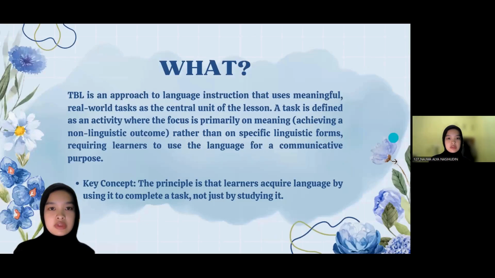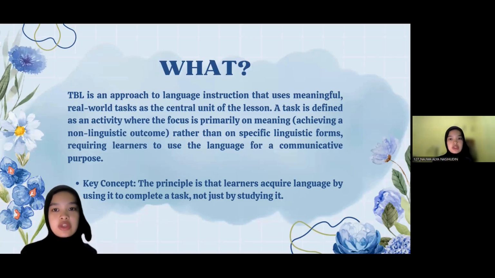First one is what is task-based learning. Task-based learning is an approach to language instruction that uses meaningful real-world tasks as the central unit of the lesson.